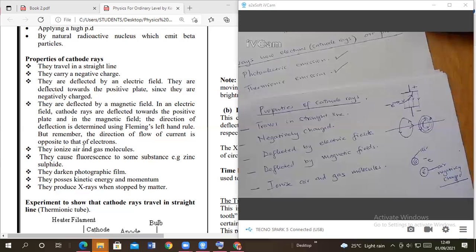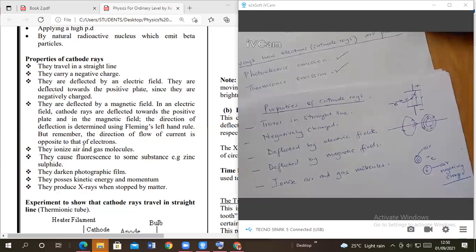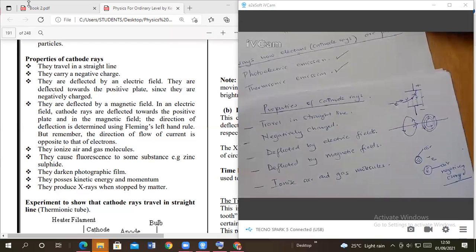Those air particles start having a negative charge. If there are also gas molecules, and you introduce electrons inside there, those gas molecules will start having a negative charge.